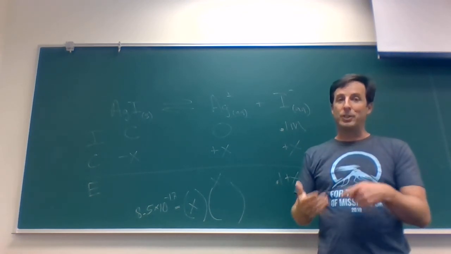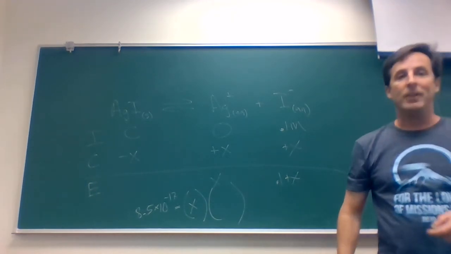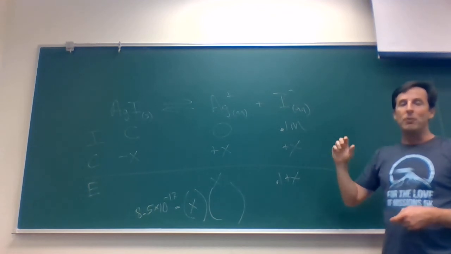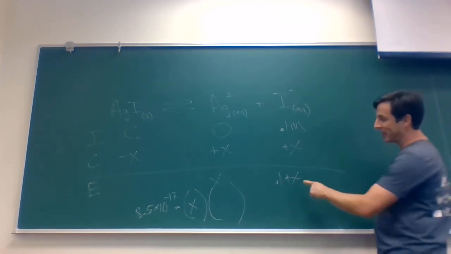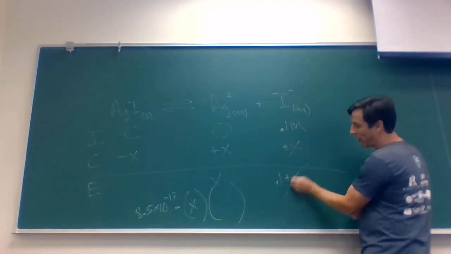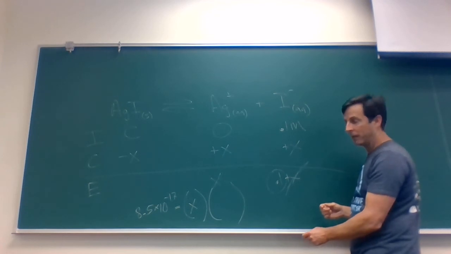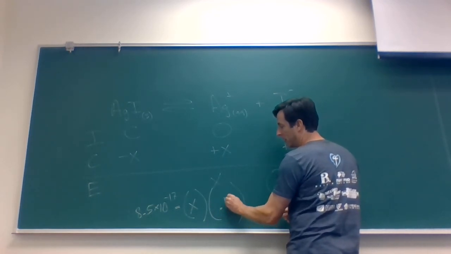So I'm pretty sure that the plus x being added is going to be insignificant compared to the amount I started with. With the common ion effect, that is pretty much always going to be true. So I'm going to take my 0.1 plus x, drop off the x value, and it becomes 0.1. So I'm going to have Ksp equals x times 0.1.